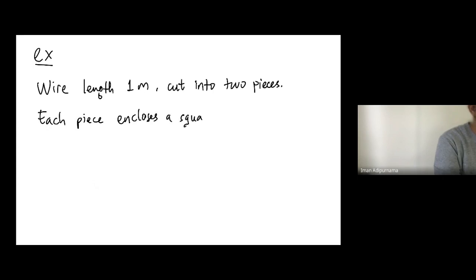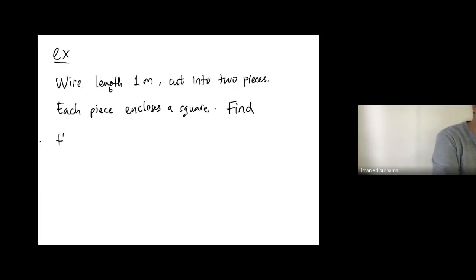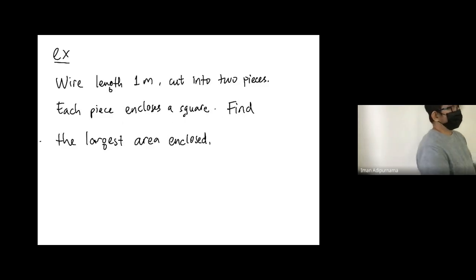So you have a wire, you cut the wire into two, and with each piece you make a square, like a rounded square, and then find the largest area enclosed. So you need to find the largest square possible from this wire.